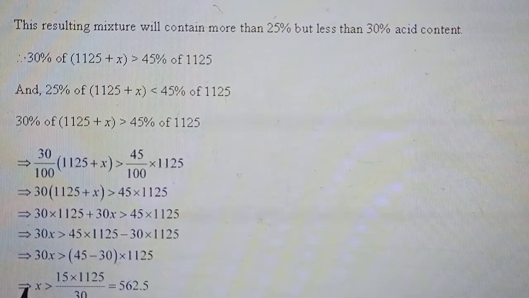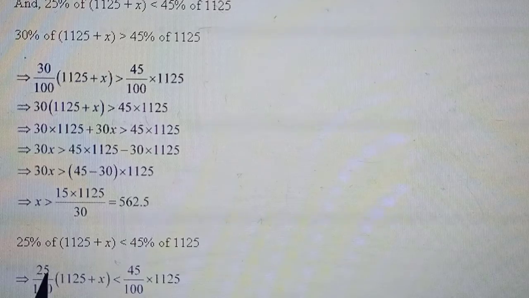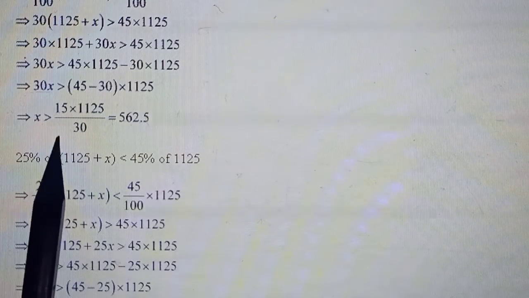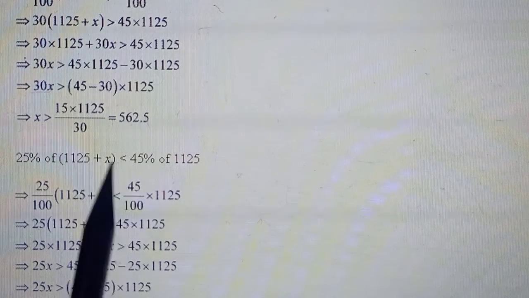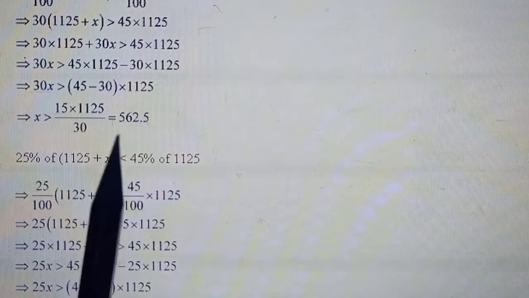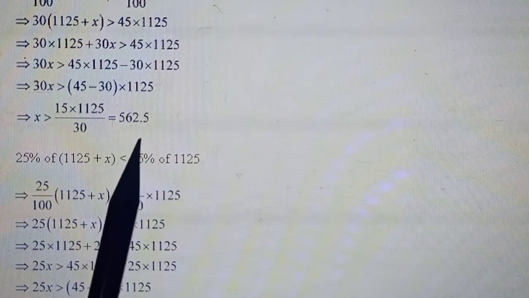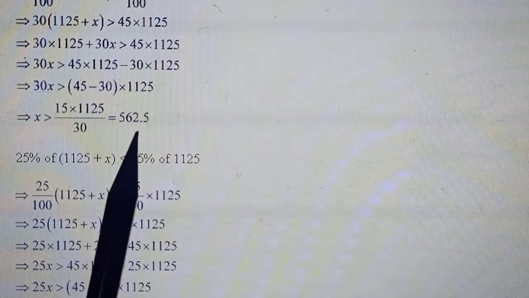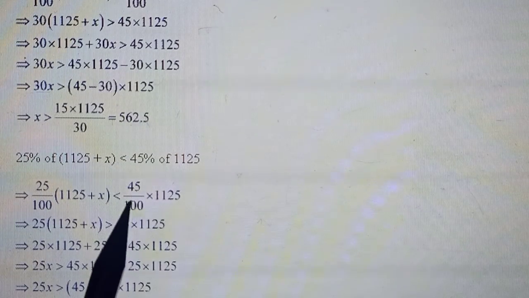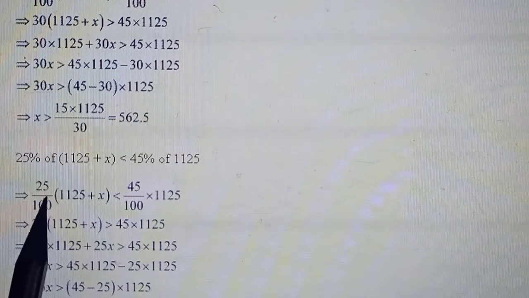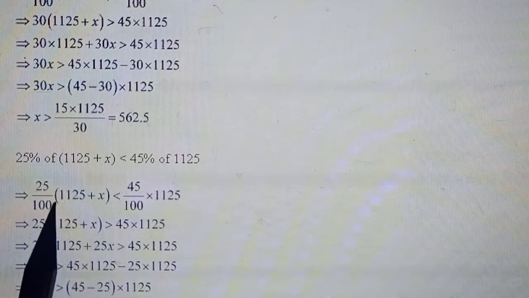We have a single x here, so the limit of x is coming as a fraction, no problem. So x should be more than 562.5. Then the lower limit was given as 25%. Now the same expression comes again, 45/100 into 1125, and it should be more than the lower limit, which was 25% of the mixture.